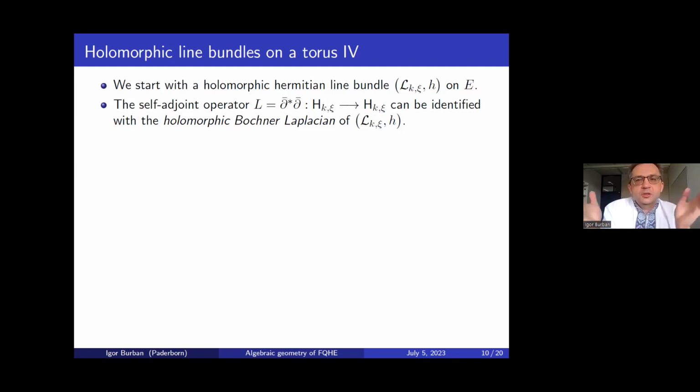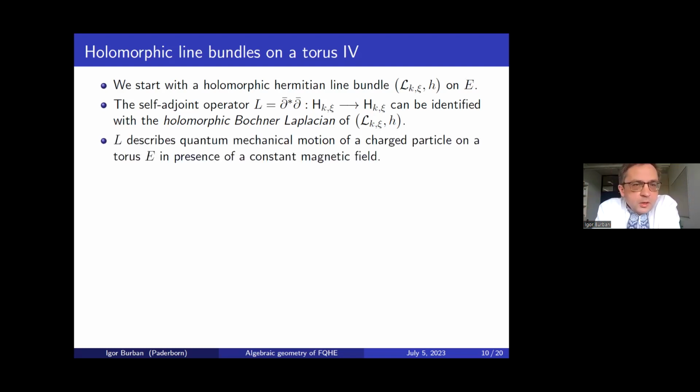So it is actually something very canonical and very natural from the mathematical point of view. And now the statement is, so it's a postulate, an axiom, that the quantum mechanical motion of a charged particle on my torus, in the presence of a constant magnetic field, is described by this operator L.